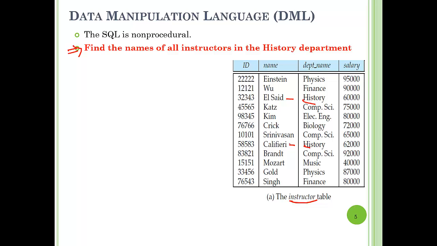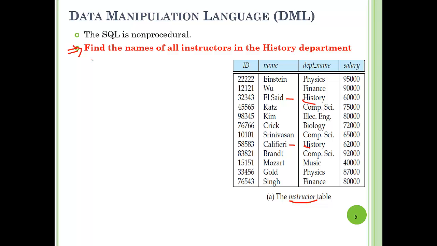Now how can we write the SQL query for this requirement? To write this query, first of all we should mention the attribute names. We are interested in the names of all instructors in the history department.